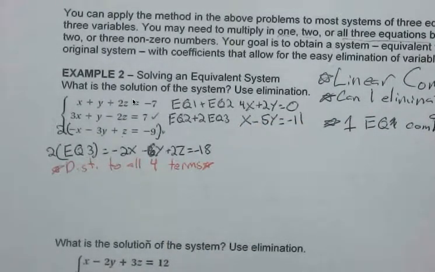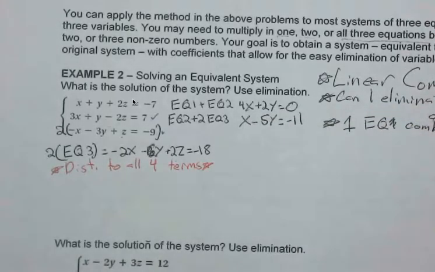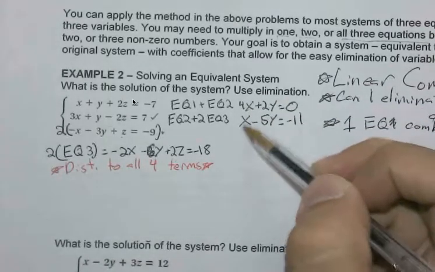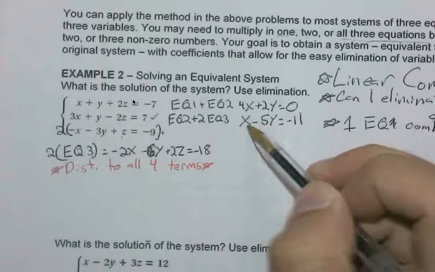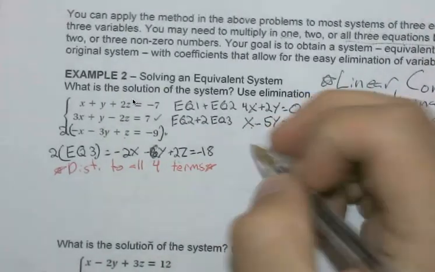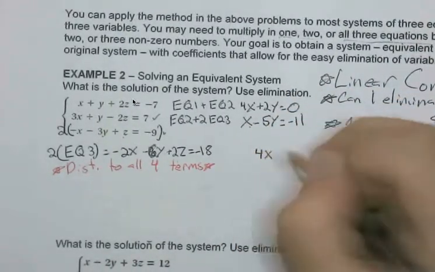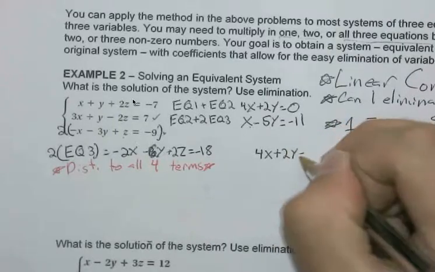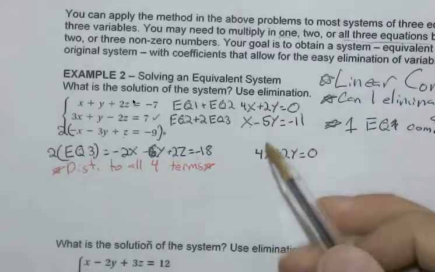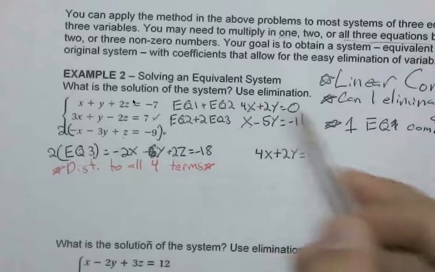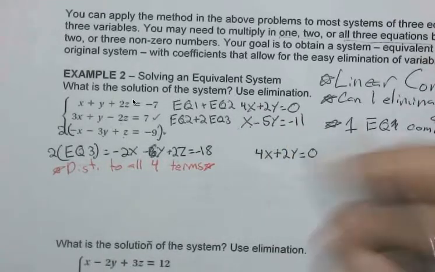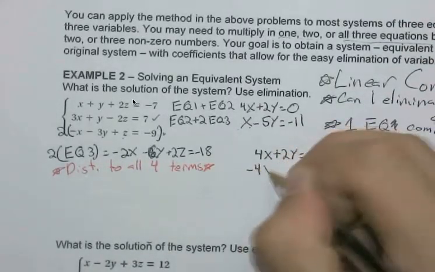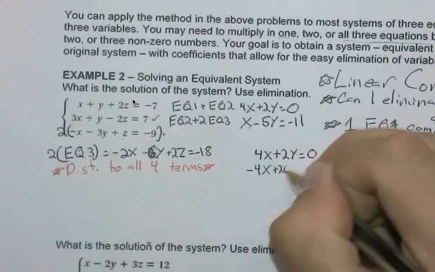So we're now left with this system seen here. I think we can eliminate x if we multiply this bottom equation by -4. So if we do that, we have 4x plus 2y equals 0. If we modify this bottom equation, so it's multiplying with -4, we have -4x, adding on 20y.